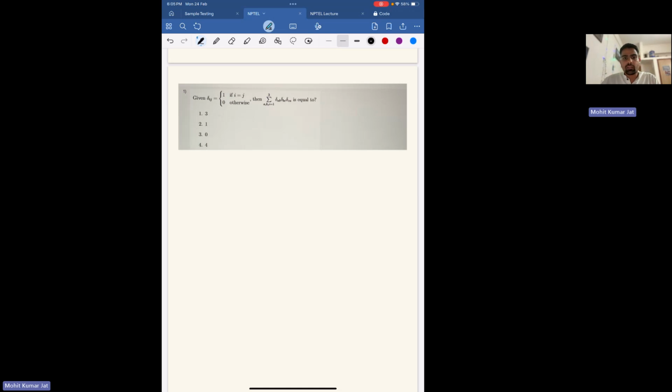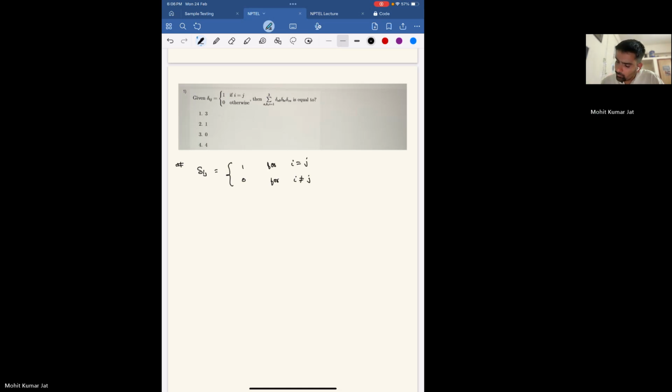Now the question asks, what will be the value of the summation over a, b, c equals 1 to 3 of del ab, del bc and del ca. So this is an easy problem. This function is such that it's 1 for i equals j, 0 for i not equal to j. That's what the question is.